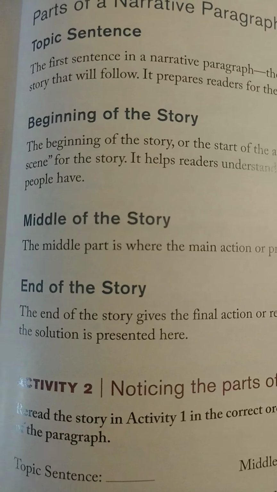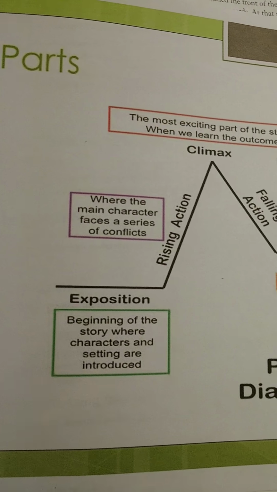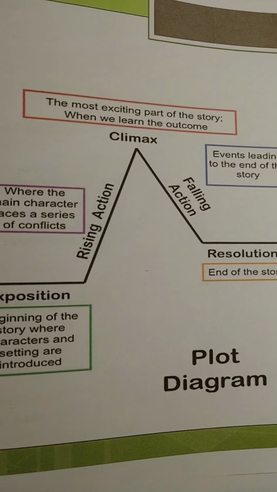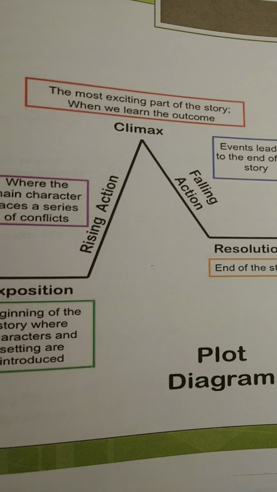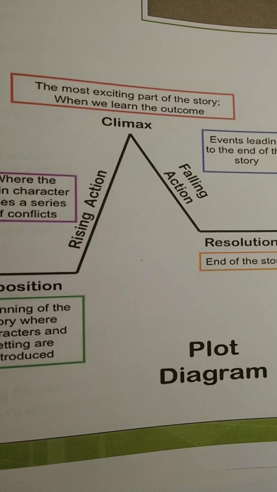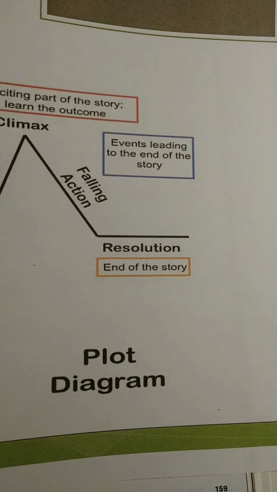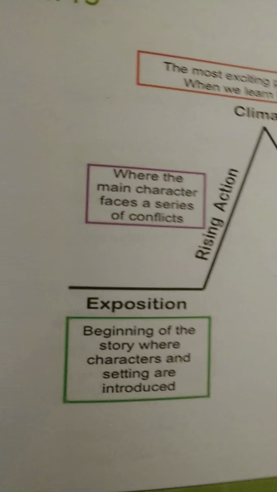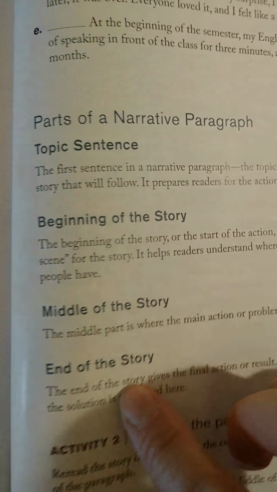Now I did put this paper in Blackboard. However, this paper is in a different document type, so I don't know if you can open it. This is another way of looking at beginning, middle, and end.